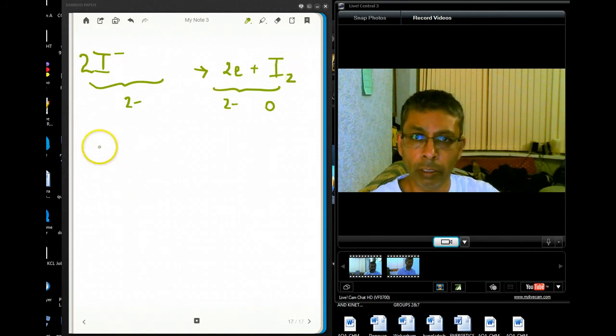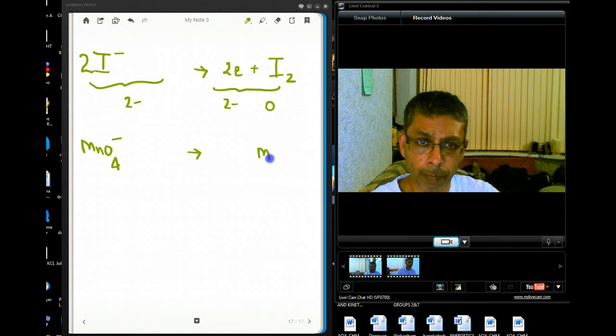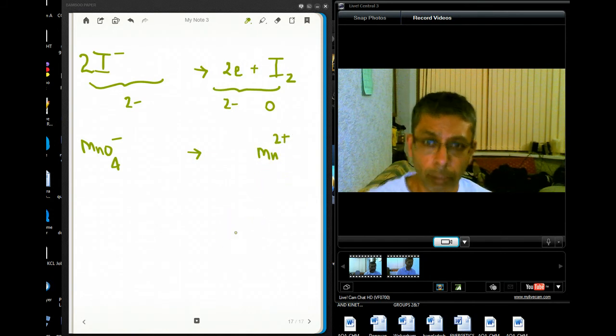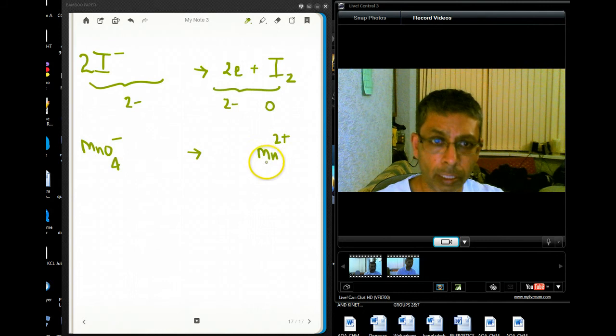Okay, let's look at the other one. MnO4 minus changing to manganese 2 plus. Okay, now here let's look at the elements first of all. So one manganese, that's balanced.